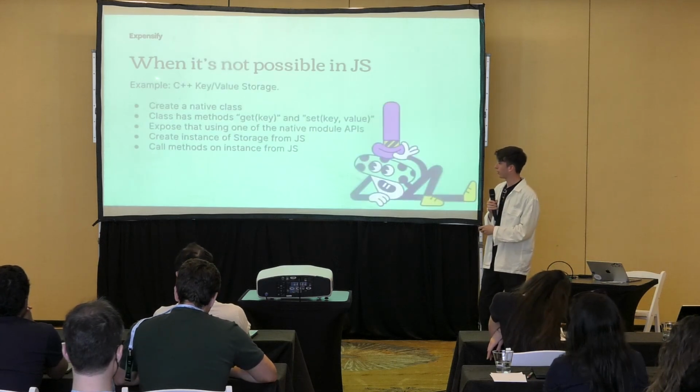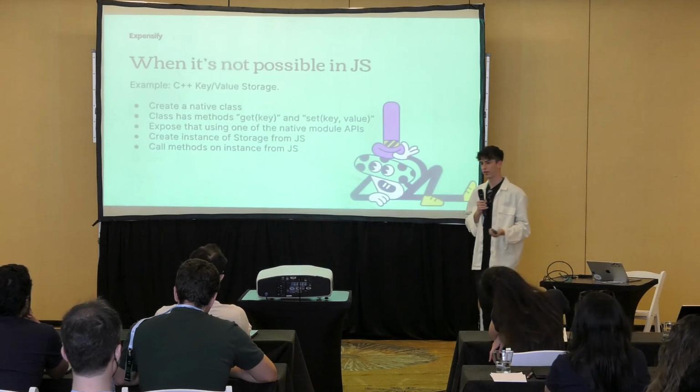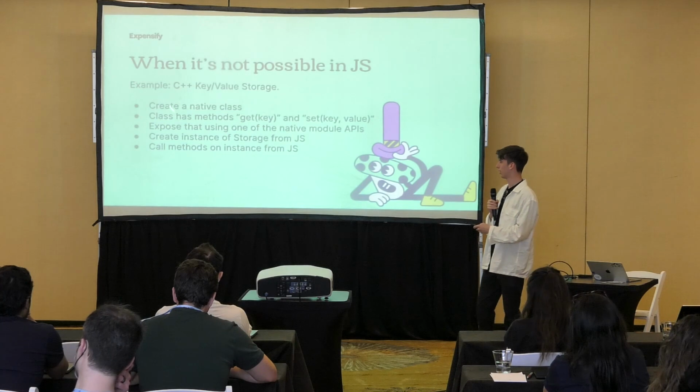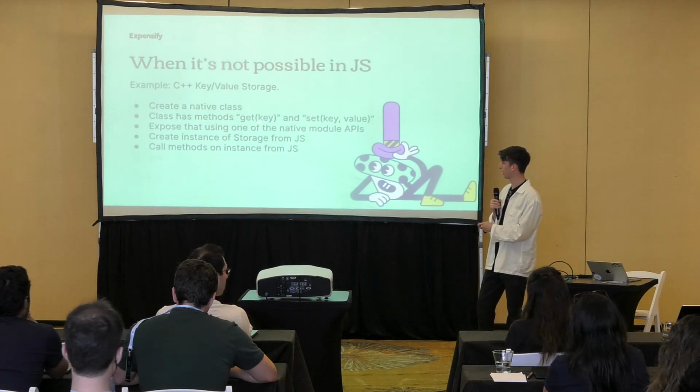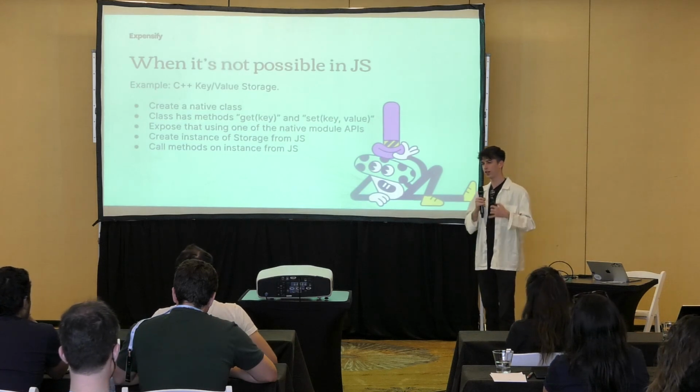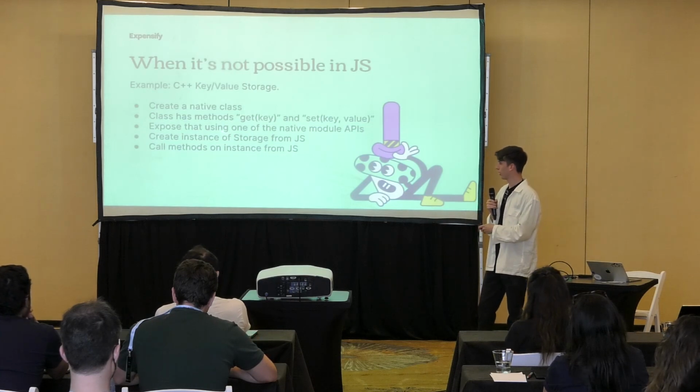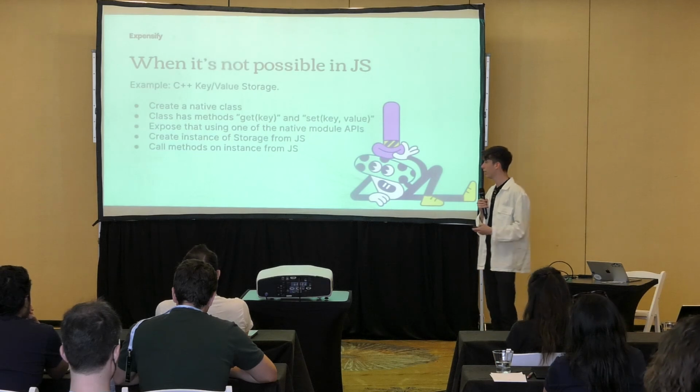Another example, C++ key value storage. Like React Native MMKV, for example, we have a native class, and then the class has methods like get and set, and everything is instance based. This is a weird situation because we want to expose the whole class and we want the user to be able to instantiate the class.